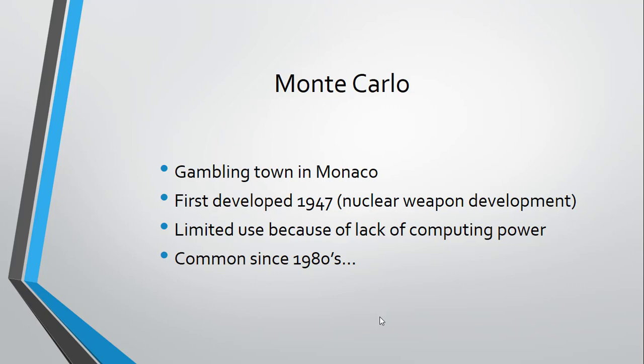Its use was limited because of lack of computing power. That's almost 70 years ago. Then since the 1980s, it became more common because we have more computing power in our hands than before.